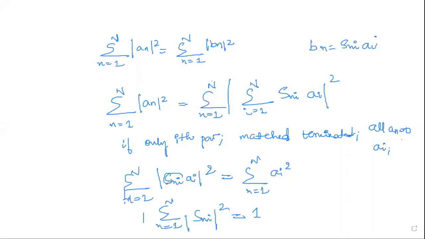Only if I write for this equation, Ai square will be gone, this Ai square will be gone, and you will be left with 1. So I can write this equation as summation n is equal to 1 to n Sni times Sni star. Because you know magnitude is nothing but real and complex, I can write this Sni as Sni and the complex conjugate Sni star.